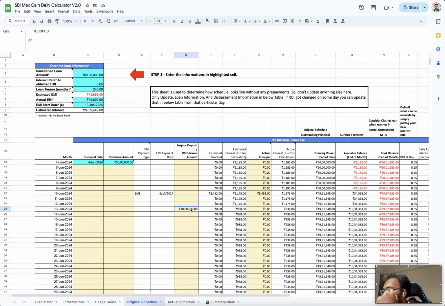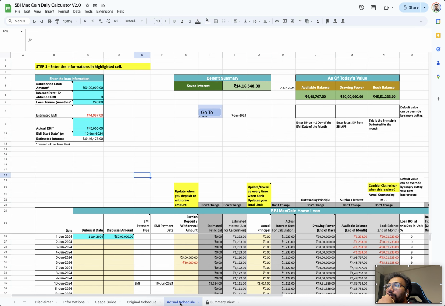you just basically don't update these values only, and in the actual schedule, we are going to update everything on a regular basis. So in the actual schedule, again the same table, apply exactly the same value here.